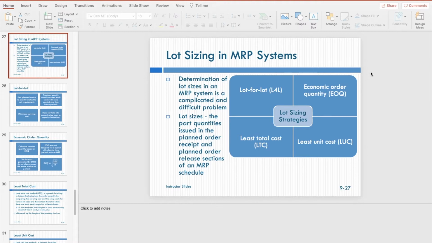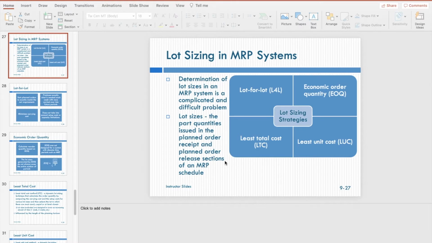As you can see here, the 4 different lot sizing techniques will be lot for lot, EOQ, least total cost, and least unit cost. But even before we start to talk about these 4 different lot sizing techniques, especially within the MRP system, what is meant by lot size? Basically, within the MRP system, the lot size itself represents the part of the quantities issued in the planned order receipts and the planned order release sections.